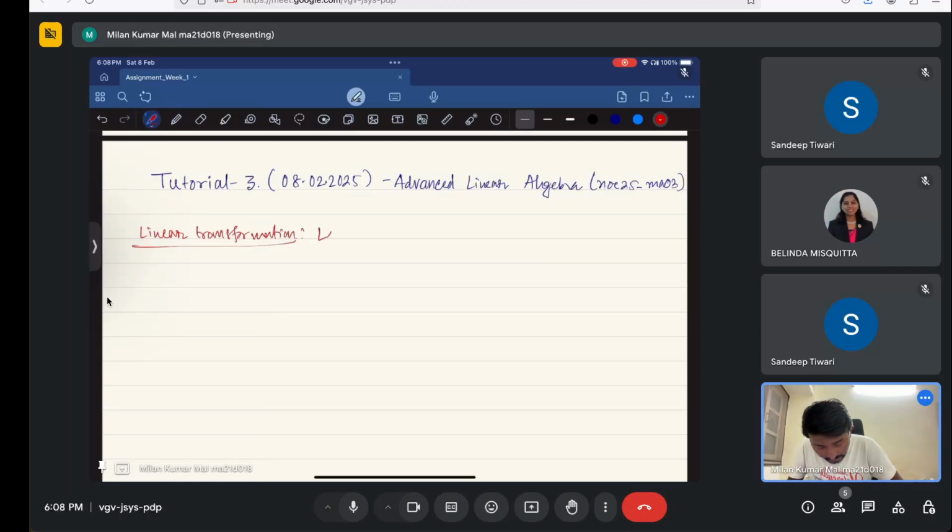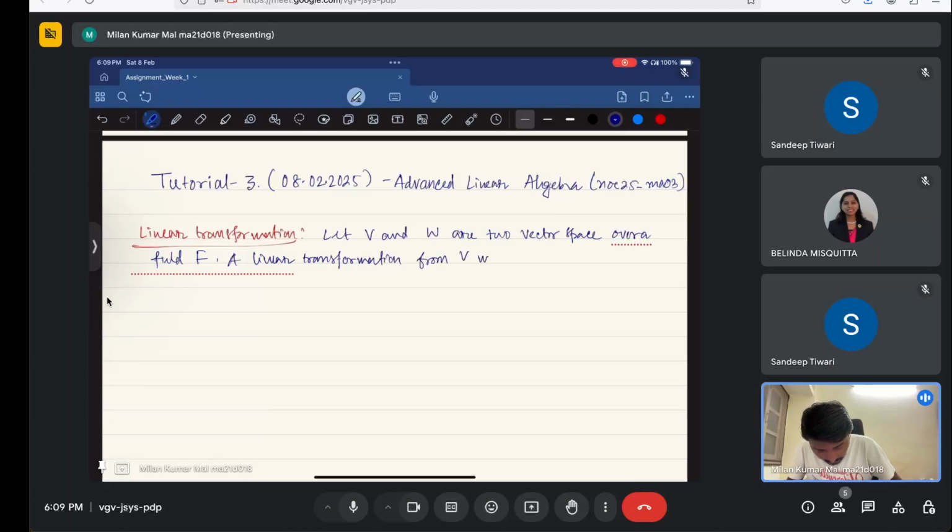Let V and W be two vector spaces over a field F. A linear transformation from V into W is a map or function.